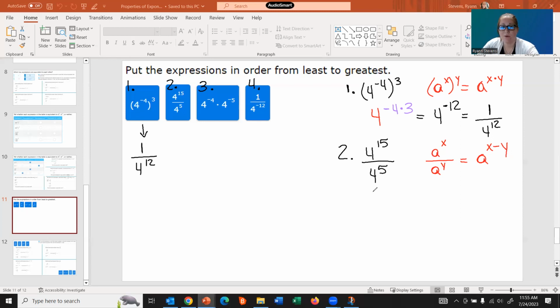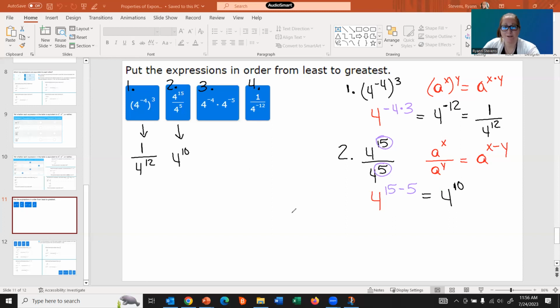Now, when we do that with our question, we have to keep the base the same, which is 4. And then we're going to take the numerator, so the number in the top, so 15, and then we're going to subtract the number in the bottom, which is 5. So 15 minus 5, and this is going to tell us that our base will be 4, and then 15 minus 5 will be an exponent of 10. So 4 to the 10th power.